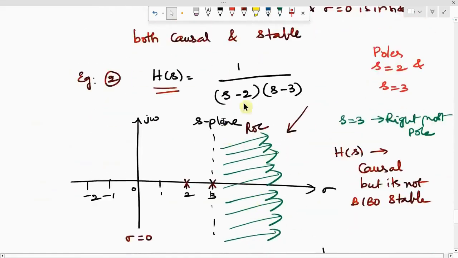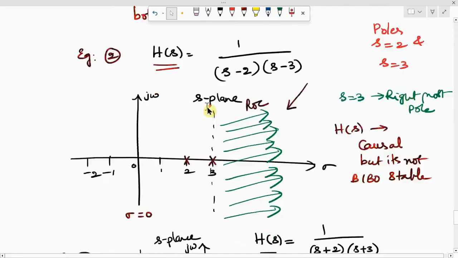In the second example, we have 2 poles for the transfer function and the rightmost pole is s equal to 3, and the ROC I have represented is right of the rightmost pole. That means this system with such ROC will be said to be causal. But since the imaginary axis is not included in the ROC, the system is not BIBO stable. So this system is only causal, it is not stable.